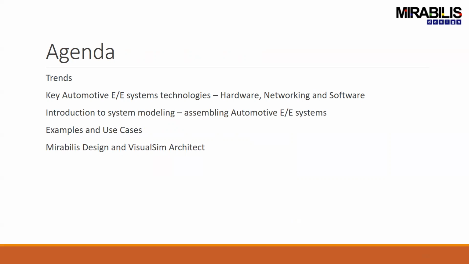Then we introduce you to system modeling, where we assemble the entire automotive electric and electronic system. Then we go through some examples and use cases where we look at each of the different aspects and the impact they have on modeling the system. And last, we will go through the history of Mirabilis Design and an overview of what VisualSim Architect is capable of.